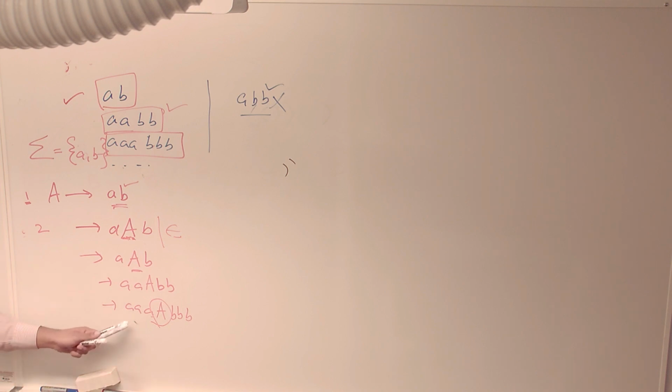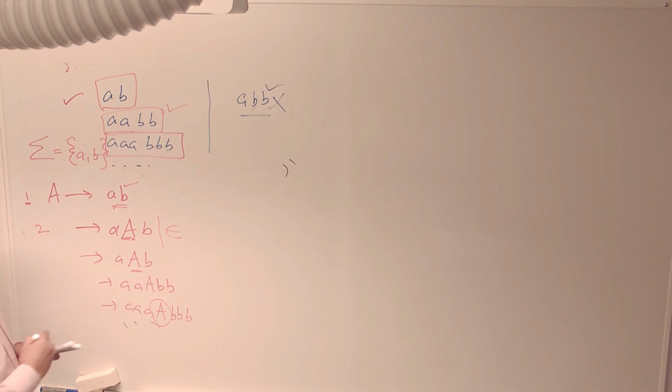Because if you have a language, sometimes it's very tricky to define a language by directly going to the regular expression. Instead, if you can define a DFA or a finite automata, then once you are done with the finite automata, you can use the state elimination technique to get a regular expression.